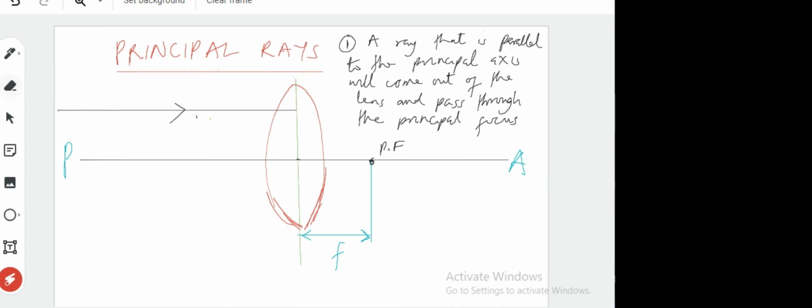So that you start the practical work, it's very, very important that you practice this thing. It's a highly practical class. It must be demonstrated for you to appreciate all this. If this ray, which is parallel to this principal axis, comes out of the lens, it must certainly pass through the principal focus.